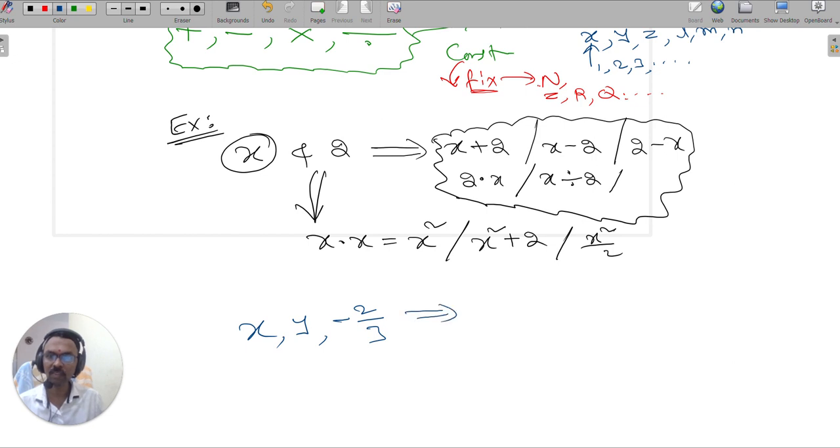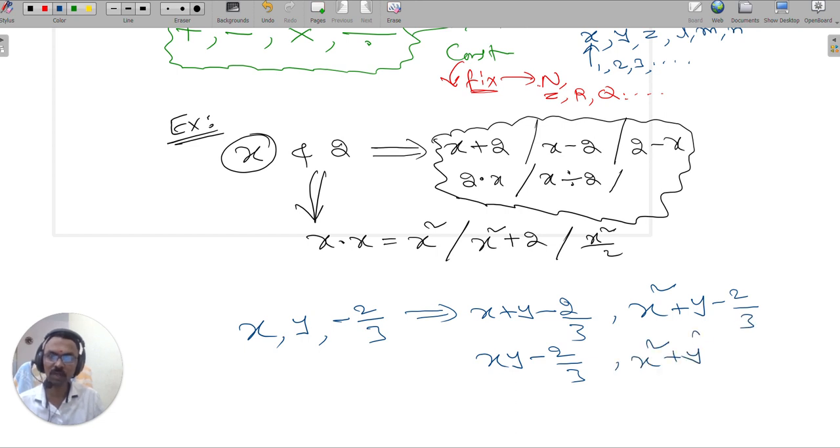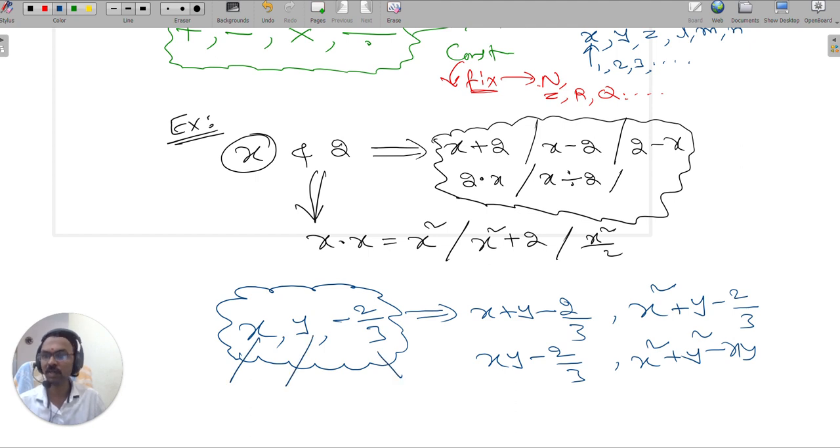The combination of all these: x plus y minus 2 by 3, or x into y minus 2 by 3, or x square plus y minus 2 by 3, or x square plus y square minus xy, whatever you want. We are taking the combination of all these variables and constants.